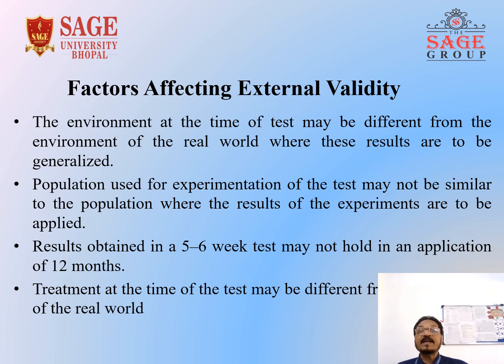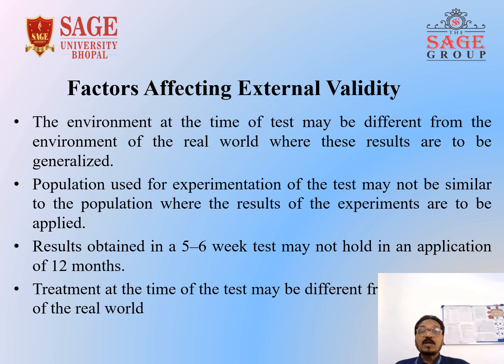Now, factors affecting external validity. What factors affect external validity? The environment at the time of the test may be different from the environment of the real world where these results are to be generalized.